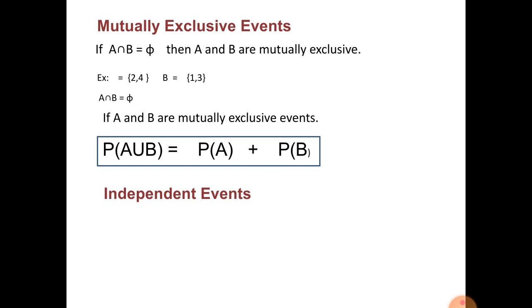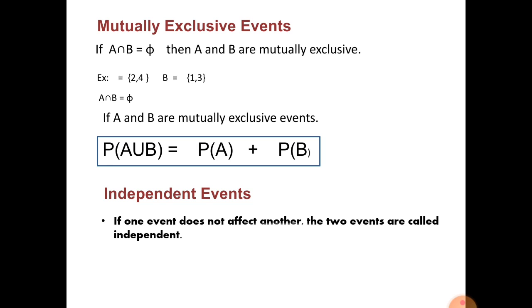Then the next one, independent events. From the topic you can understand what an independent event means. If one event does not affect another, the two events are called independent.